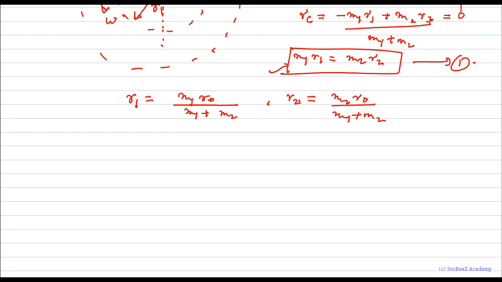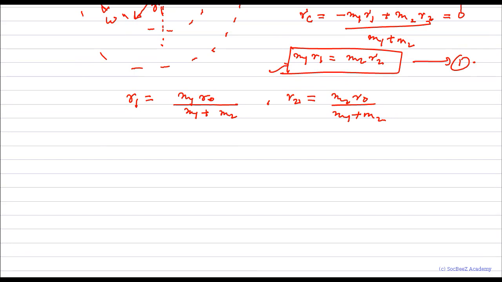The gravitational force of attraction between the two stars is equal to G m1 m2 upon r0 square, and this must be equal to m2 r2 into omega square. This must also be equal to m1 r1 into omega square.